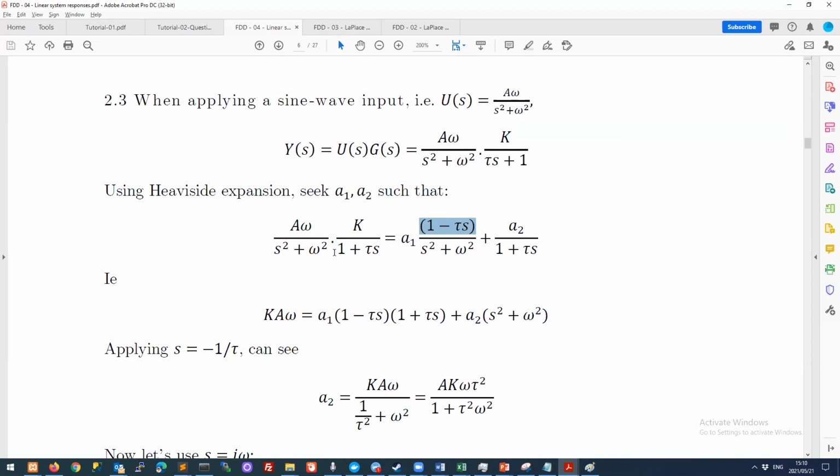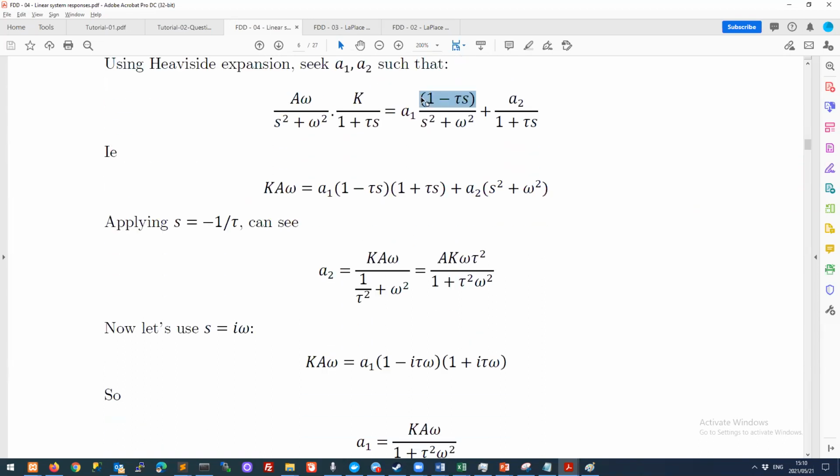So when you multiply by the product of these denominators, you are going to end up with this product here. And this helps us because when we apply our i omega for s, you can see the i will vanish here because it's squared out, but it will also vanish here because when you multiply two complex complementary numbers, their i will cancel and you'll get a real number.